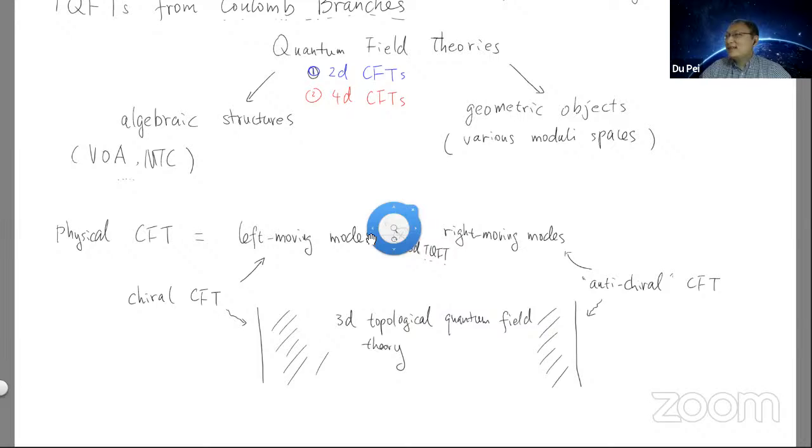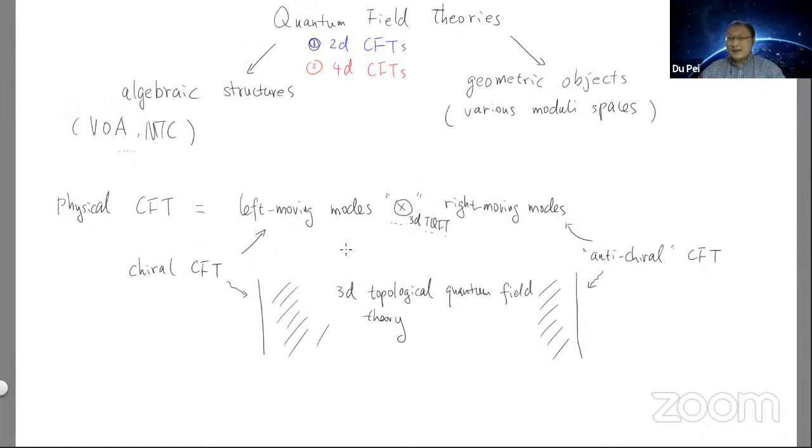Another way to say this is that you cannot just study the boundary theory. You have to include at least some neighborhood to include part of this bulk theory, the theory living in three dimensions.